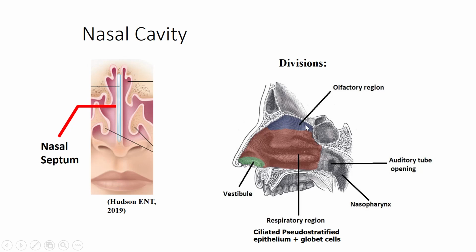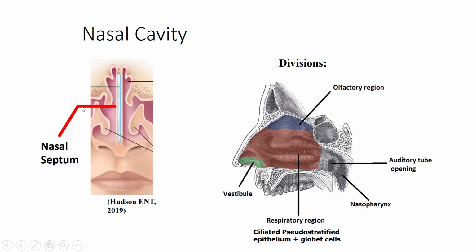The central processes of the olfactory receptor neurons that are located in the olfactory epithelium will unite here, and then these neurons will form nerve bundles that will pass through the cribriform plate of the ethmoid and will enter the olfactory bulb of the olfactory nerve, which is cranial nerve number 1.